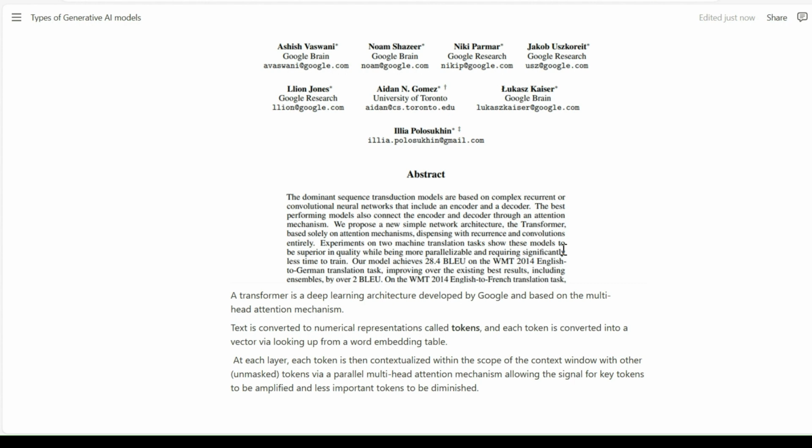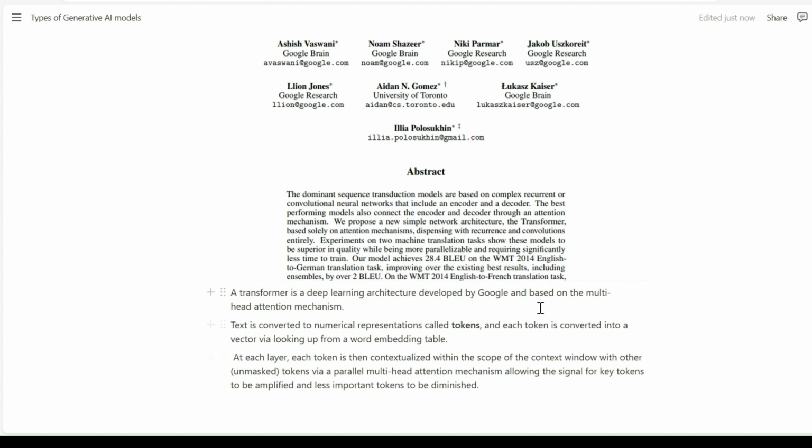This helps understand the meaning better. Imagine if you're reading a story, the transformer focuses on the main characters and less on the background details. So this makes it really good at understanding what's important in the text. This technology has changed how computers understand language, making them way better at tasks like translation and answering questions. It's like upgrading a computer's language skills from beginner to expert.